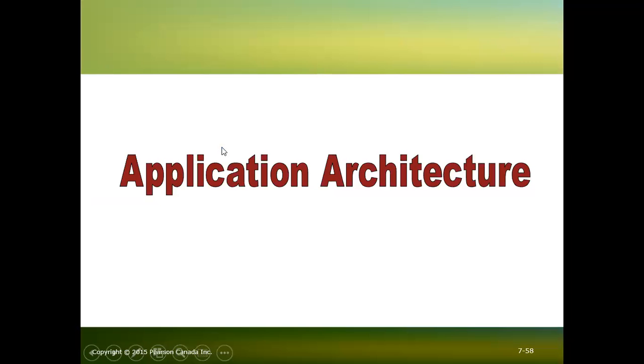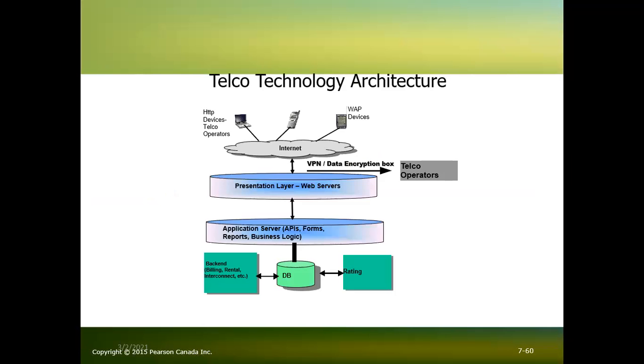Now, how this application architecture works is basically you have mobile, web, laptop, whatever, connected to the internet, and on the internet there are probably ISP providers, and there are different layers for web servers and application.